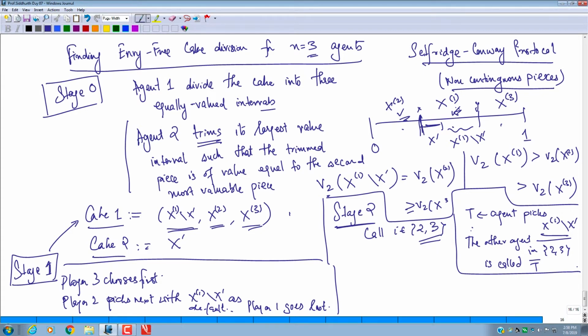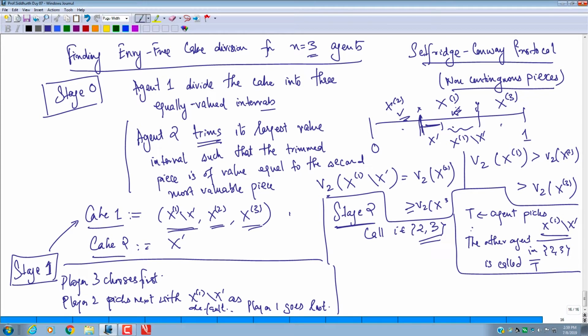I'll call him T. The other way would have been to invoke it for 2. This is just two possible cases, just nomenclature, to ensure that T, whoever this T is, goes before 1.